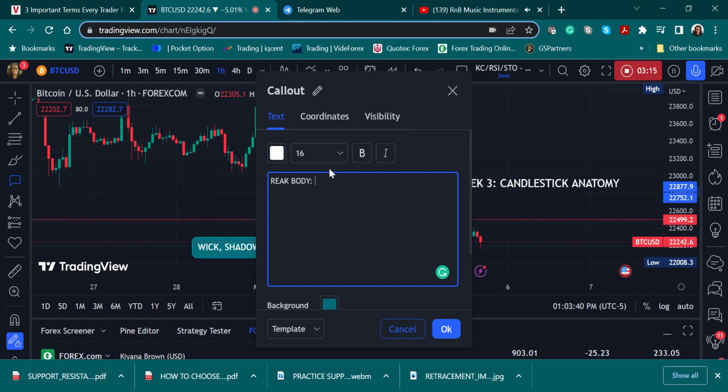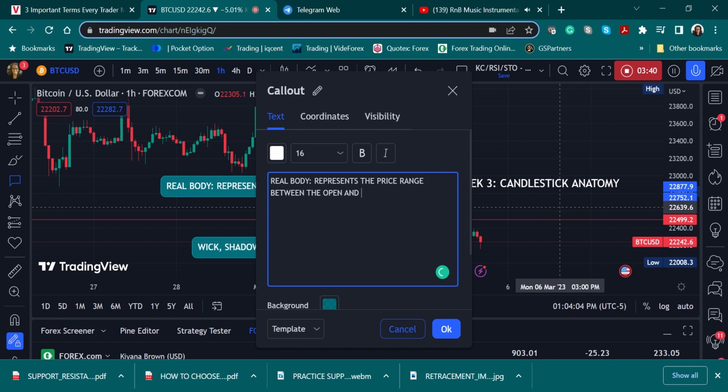So the real body represents the price range between the open and close of that time frame.